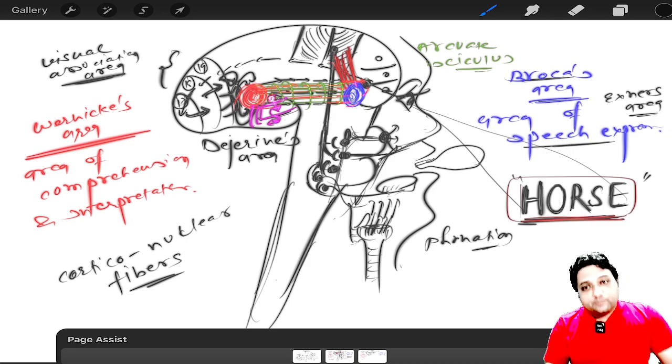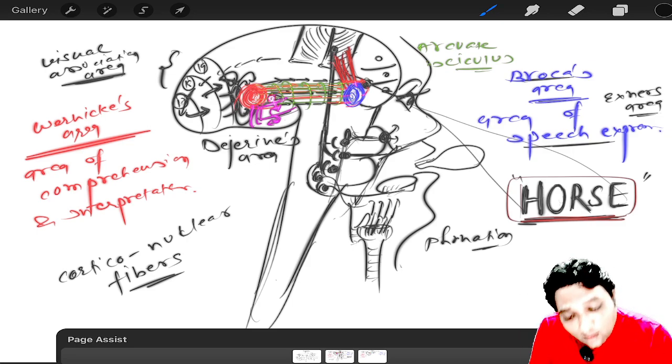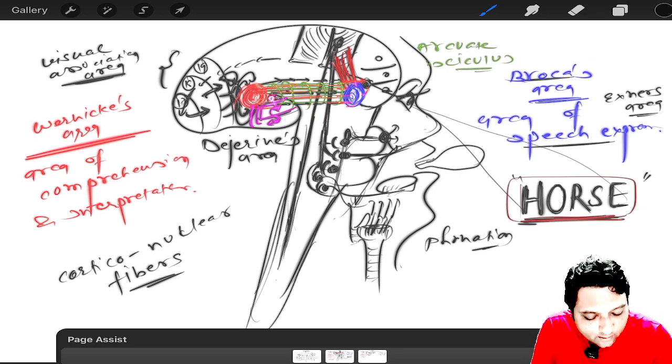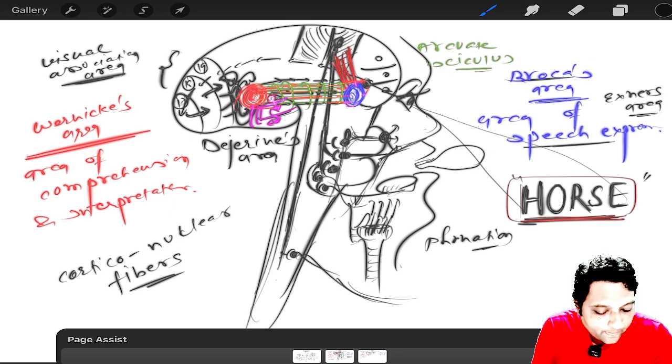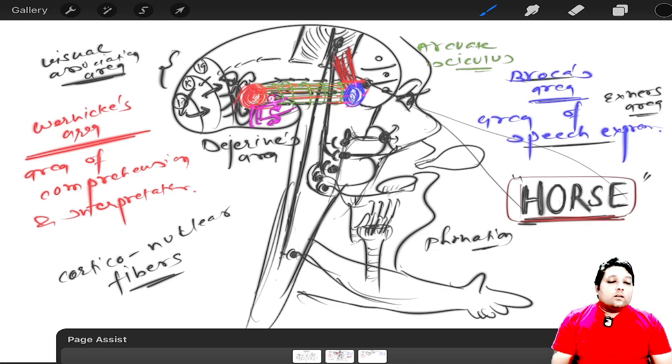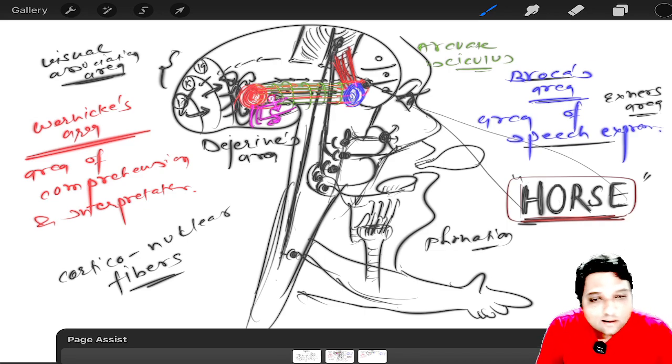Now other fibers which originate from motor cortex also go down and they control muscles of upper limb, which are responsible for writing.